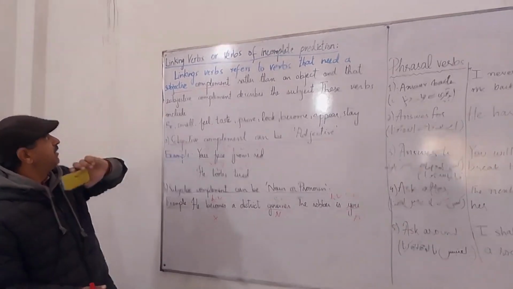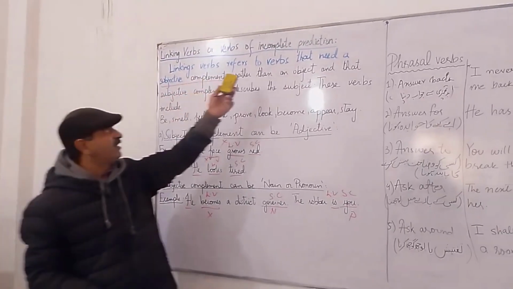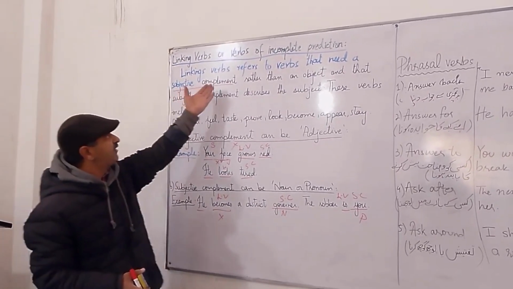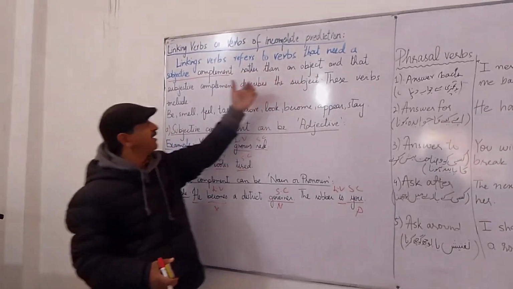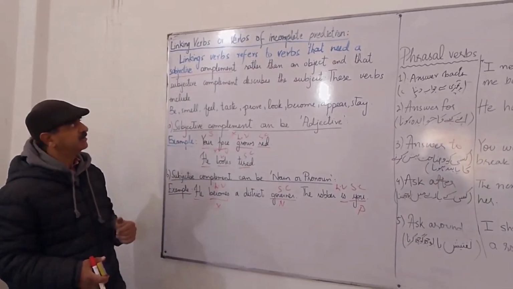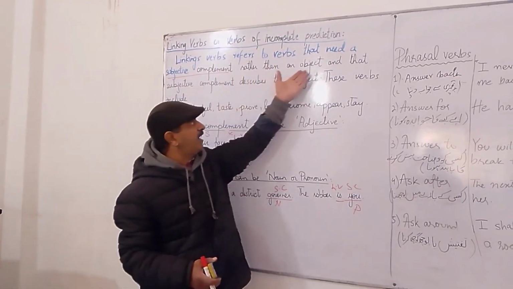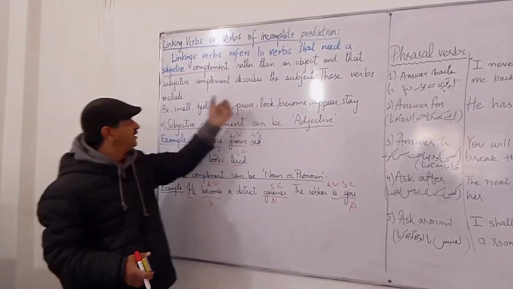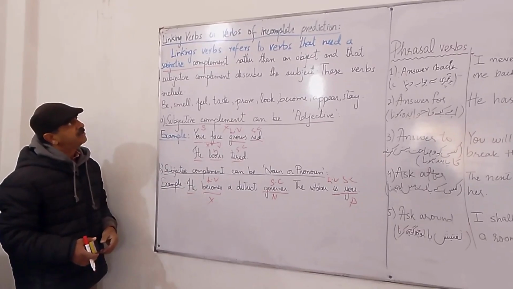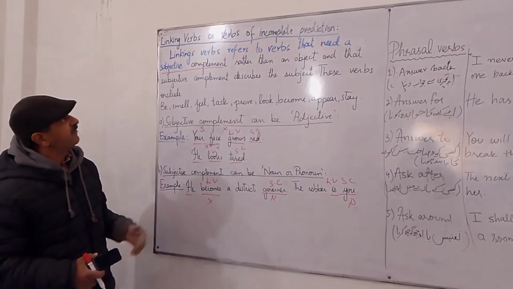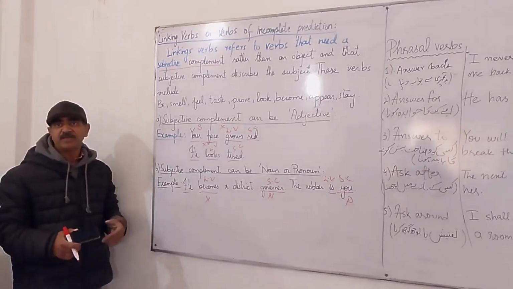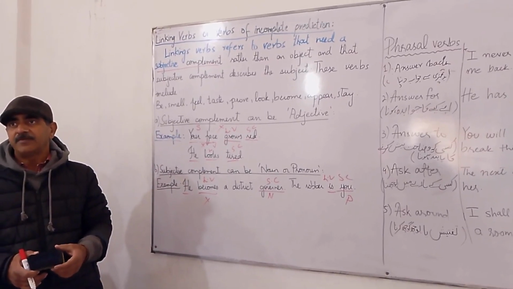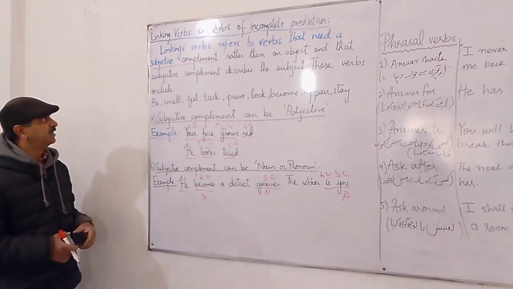Clear? Linking verbs are verbs of incomplete predication. Linking verbs refer to verbs that need a subjective complement rather than an object, and that subjective complement describes the subject. A verb that needs a subjective complement is called a linking verb.